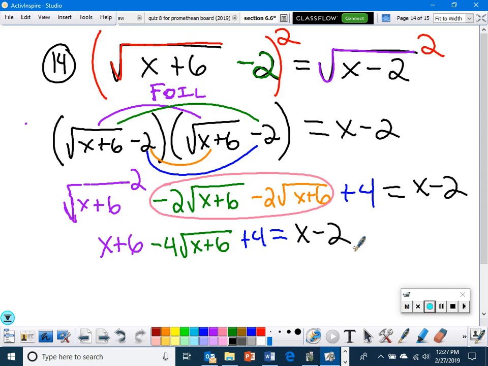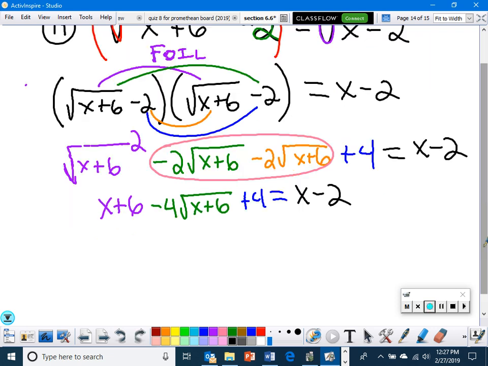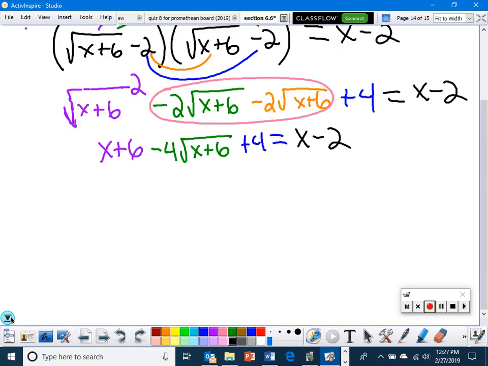Wow. Okay. Now, we're going to combine like terms on the left side. So 6 and 4 can be combined.